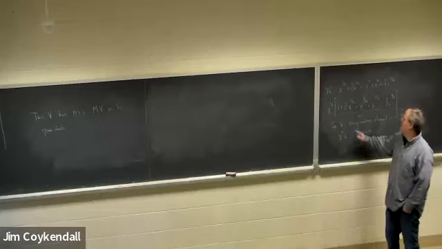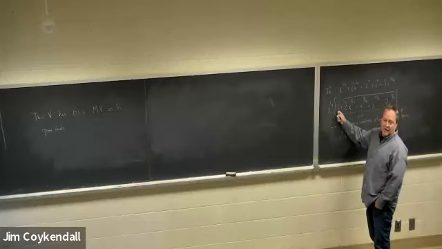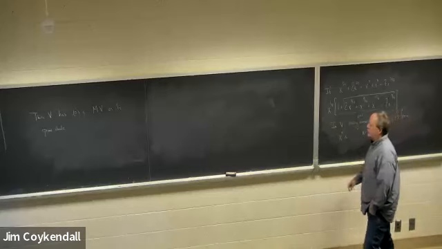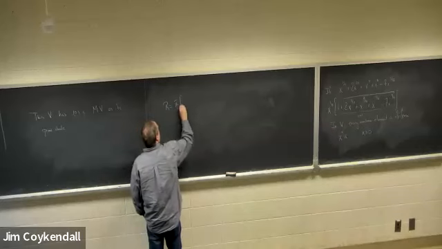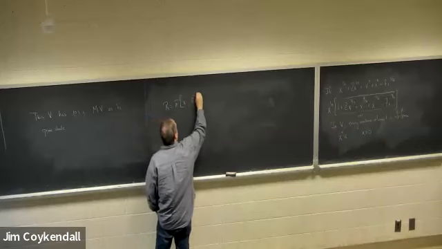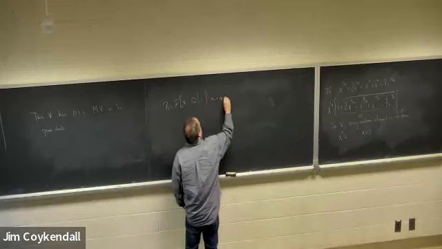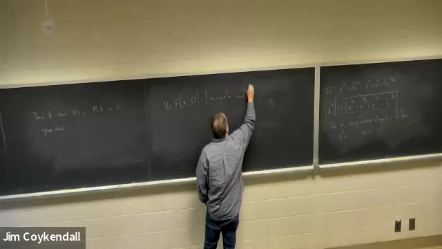Because I localize it. This piece is in the maximal ideal. This piece is not in the maximal ideal because I added 1 to it. So the original R has polynomials that look like this.